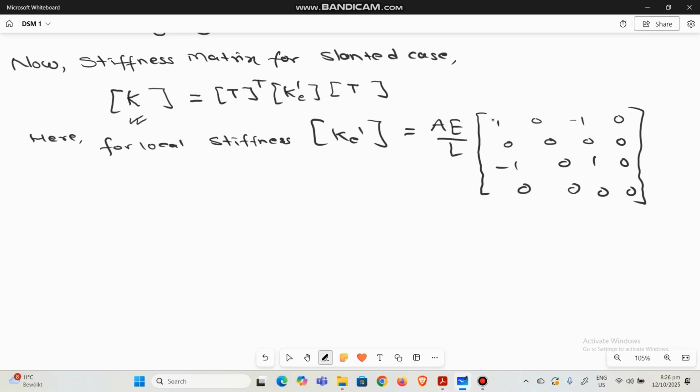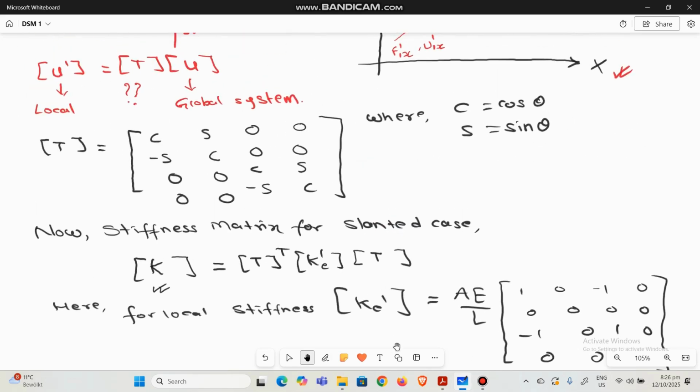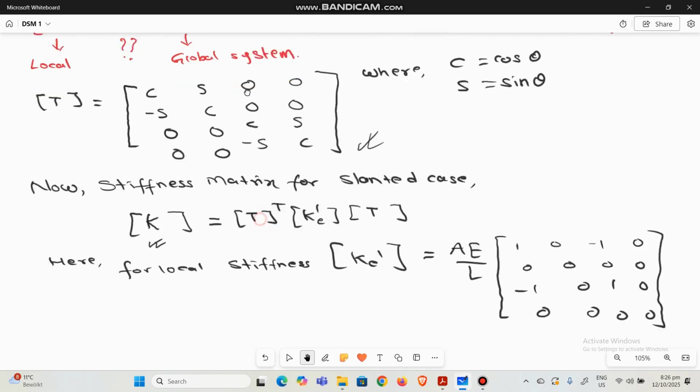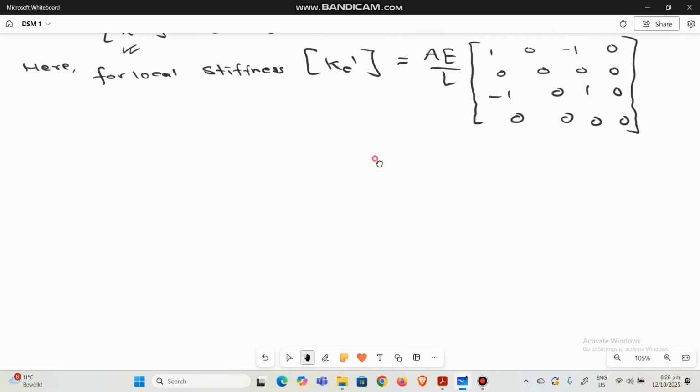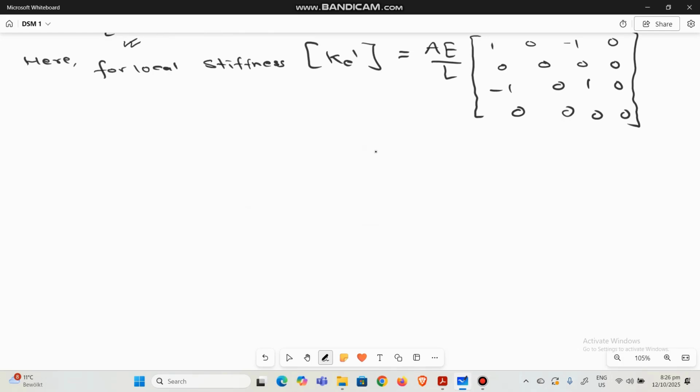And when you solve for the transformation matrix, which is this matrix here, and multiply these together, you are going to be left with one simple formula which you can directly use. The stiffness matrix for the slanted bar would be Ae upon L, and simply, there are various tricks to remember this.